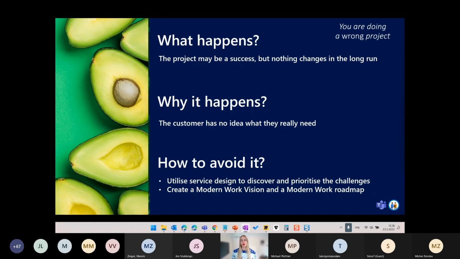So actually, this wrong project thing is a very tricky one, because you should have the courage to say to the buyer, to the customer, what if we should stop for a minute? What if we should rethink this whole thing? But if you succeed, you are really able to create this whole user adoption vision, modern work vision, M365 upper level vision.